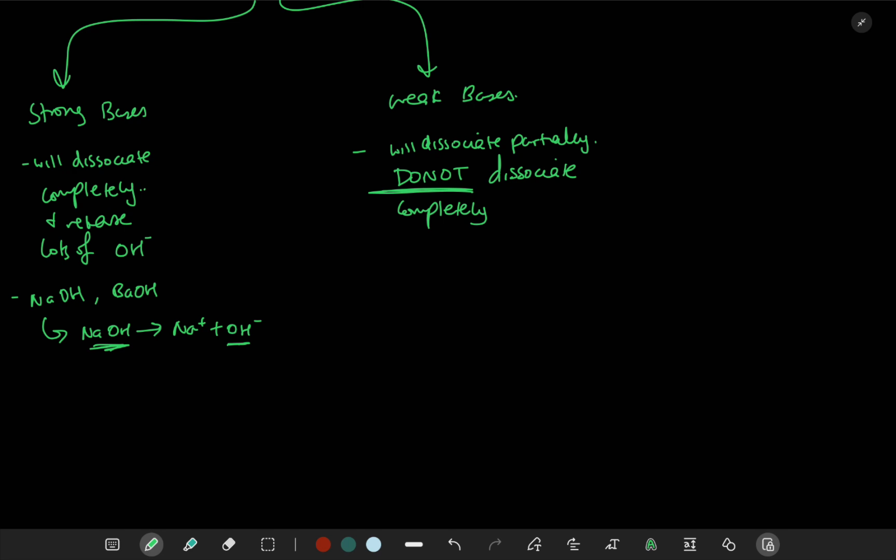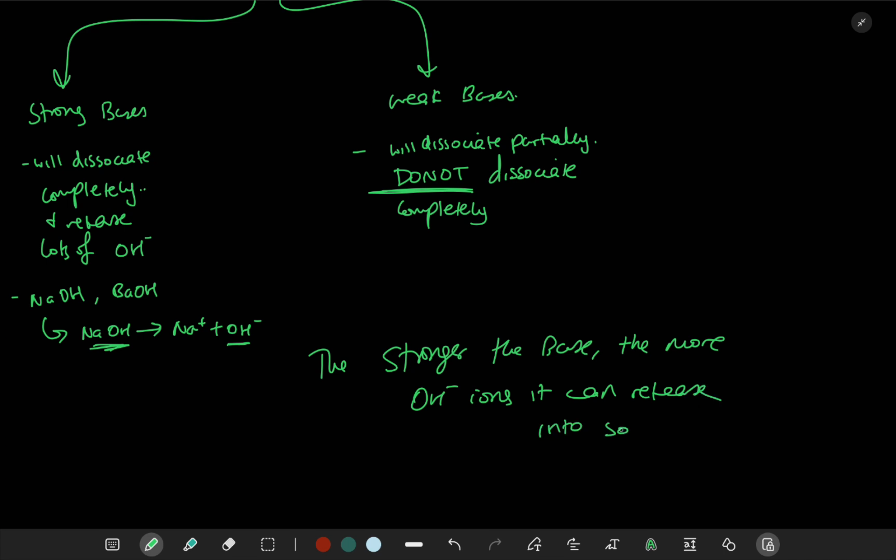So it's similar to acids, just that acids release hydrogen ions and bases release hydroxide ions. And the same thing applies: the stronger the base, the more OH minus ions it can release into solution.